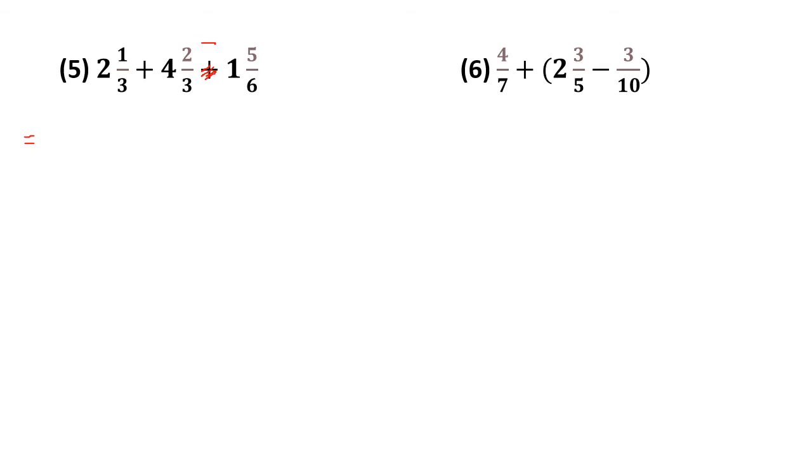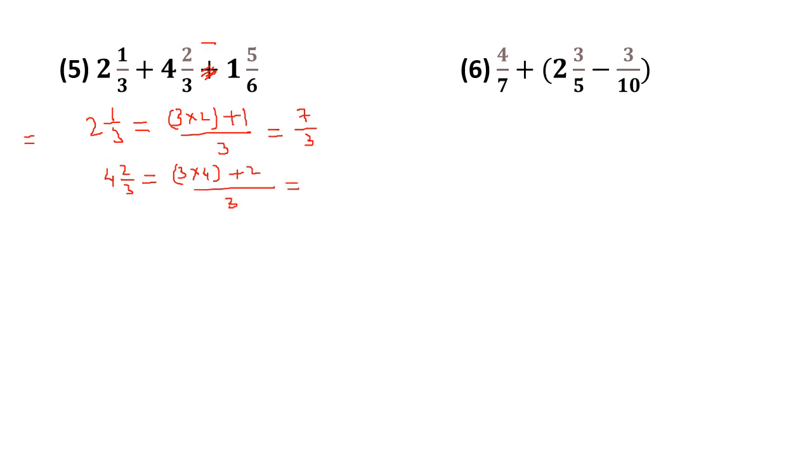I can do it separately also, like 2 1 by 3 can be converted into an improper fraction, like 3 into 2 plus 1 divided by 3. This gives you 3 into 2, 6, 7 by 3, right? Similarly, 4 whole 2 by 3, 3 multiplied by 4 plus 2 divided by 3. 3 multiplied by 4 is equal to 12. 12 plus 2 is 14. 14 over 3.